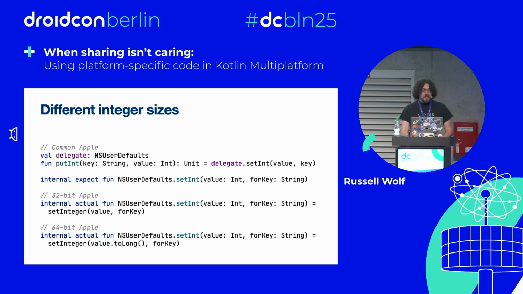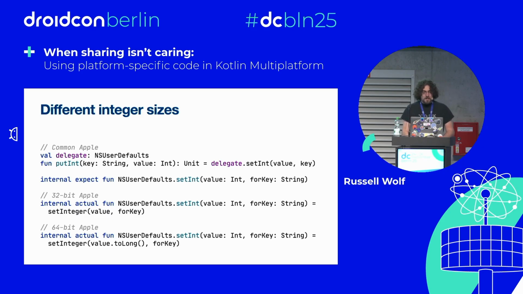Another thing inside of multi-platform settings is there's some logic on the iOS side that cares about integer sizes. Most platforms, even most Apple platforms, are 64-bit, but there's a couple of 32-bit targets that are still floating around. And there's this set integer function that changes between a Kotlin Int or a Kotlin Long, depending on the bit size of the platform that you're on.